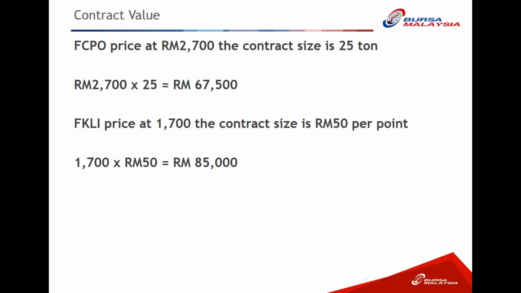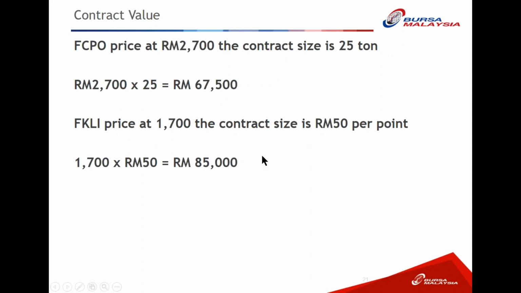So how much is the value of only one contract? Of course, 25 tons times the 1 ton price, 2,700 times 25, you will get 67,500. While for the FKLI, the equity index, 1,700 is multiplied by 50 ringgit per point, so you get 85,000 out of it.